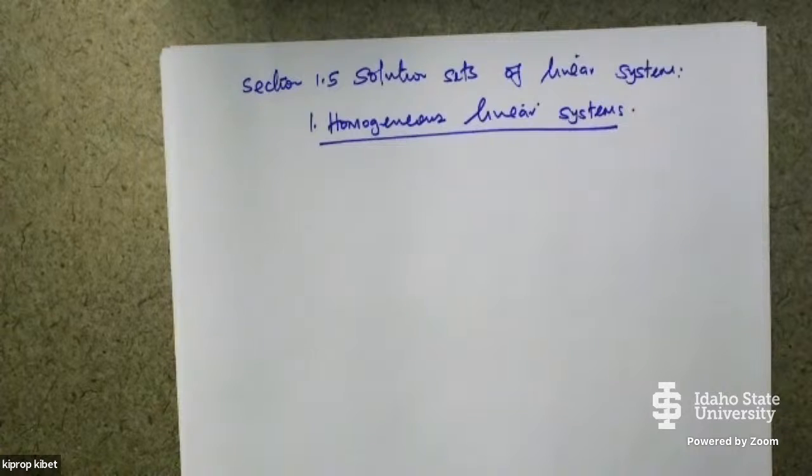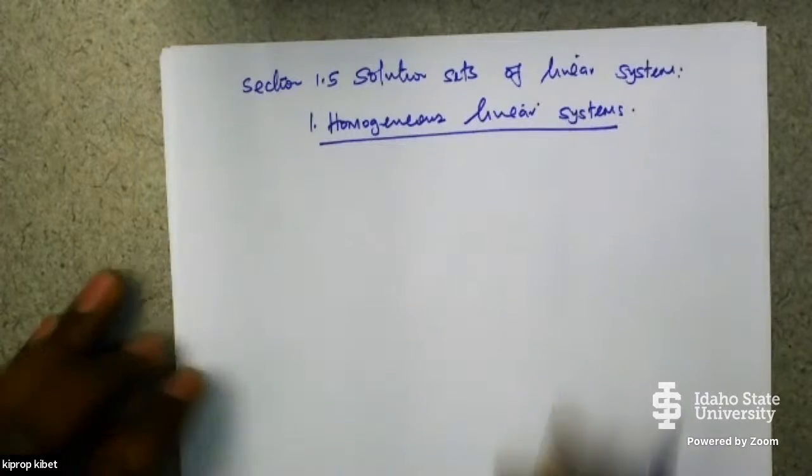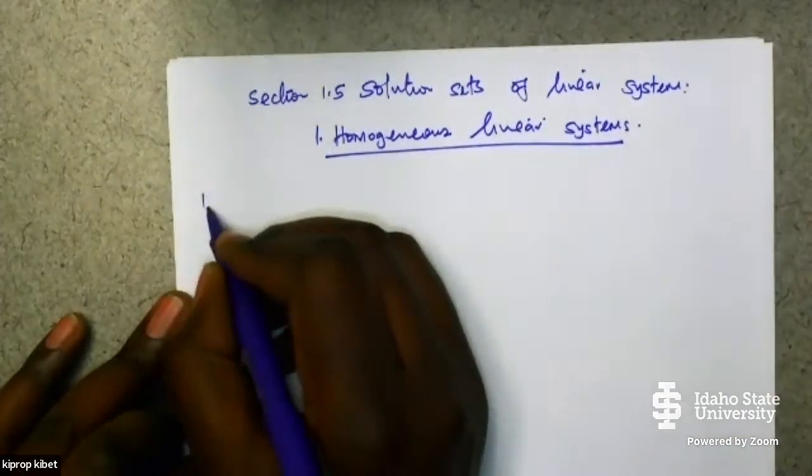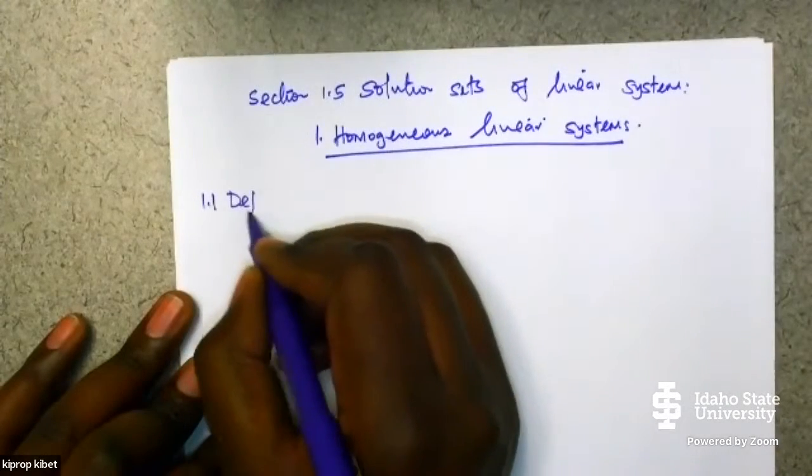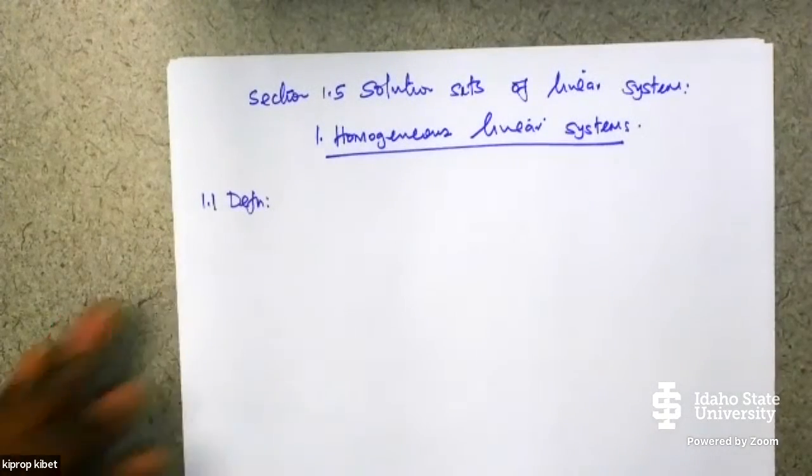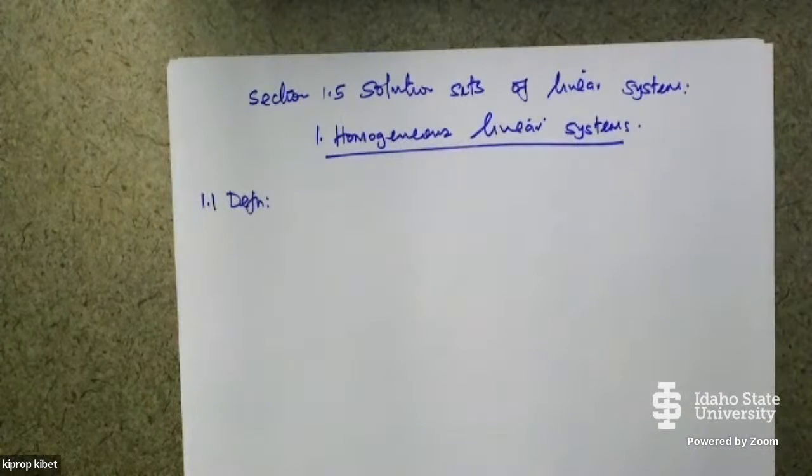Okay, now let's look at definition 1.1. So what is a homogeneous linear system?